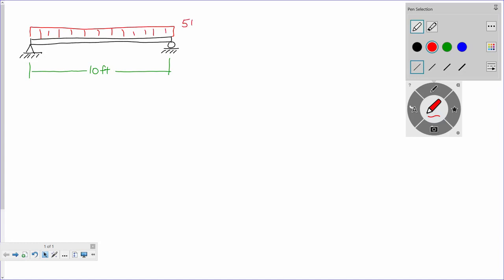I know that seems kind of small, but the beam itself is rather small, so it's all evened out. And maybe I should also indicate that that is a distributed dead load.